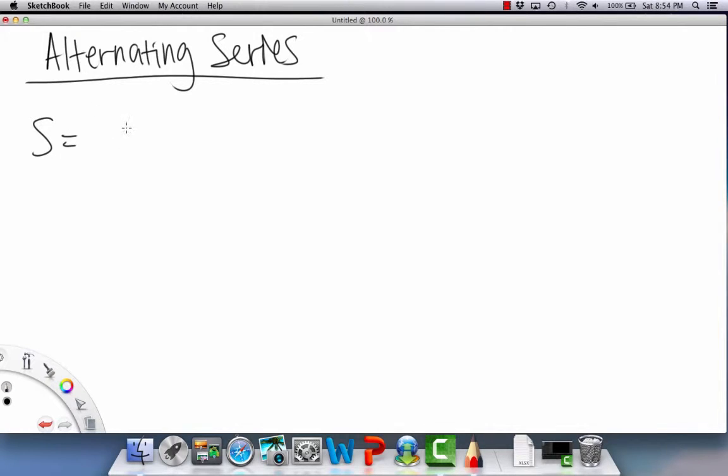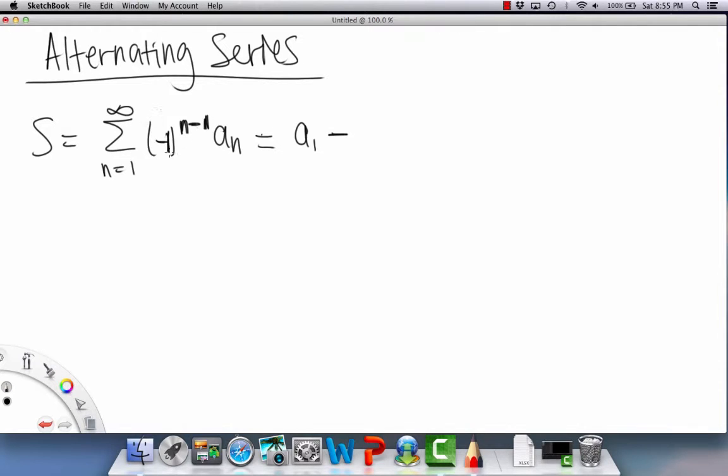So we have our infinite sum as n goes from 1 to infinity, or from any number really. And then we have our a_n, like normal, but no absolute value here. And in front we have a -1 raised to the n power, or some n power. Or it could be n minus 1, depending on the sequence. But this is basically going to look like a1, some term here.